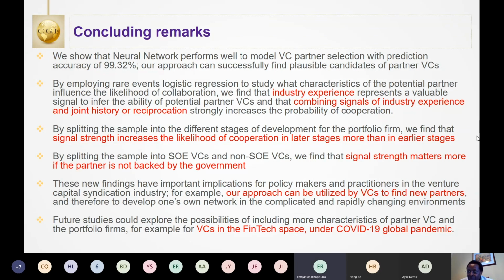Another question is, you use quite a large time span, 1989 to 2016. I guess during this period, the way venture capitalists make decisions or choose their partners might have changed. I'm not sure whether a machine learning algorithm has a way to include that in the decision-making process.